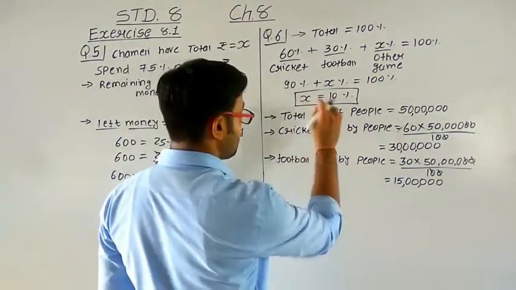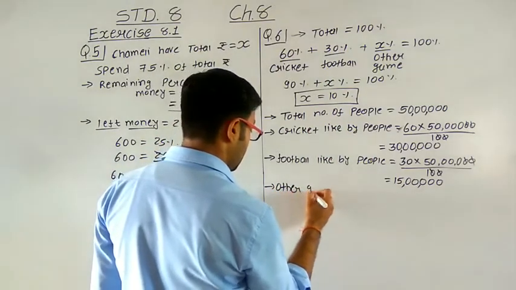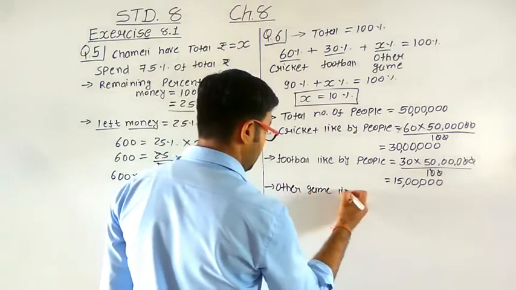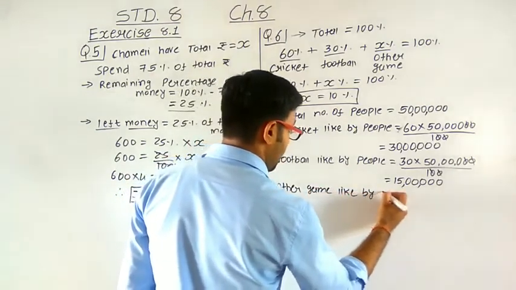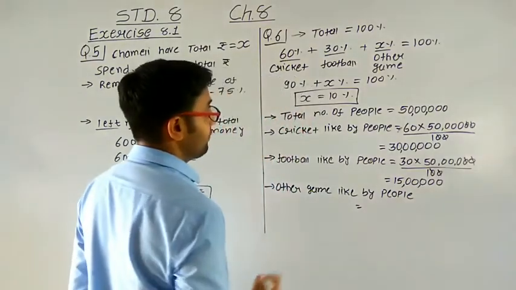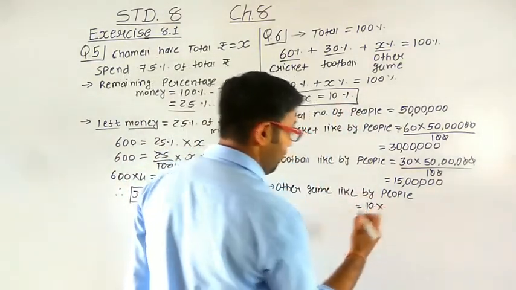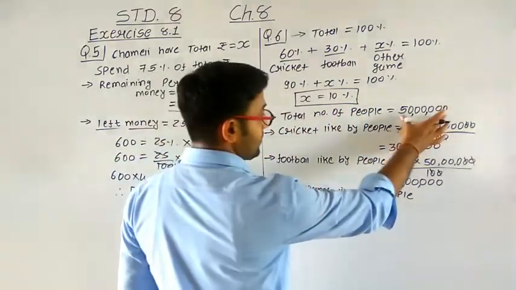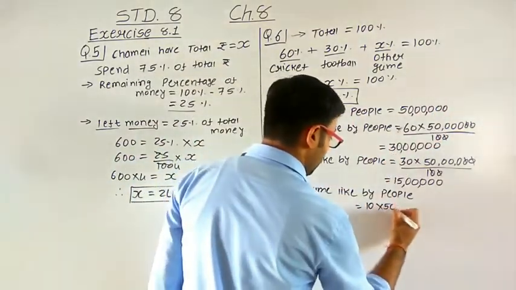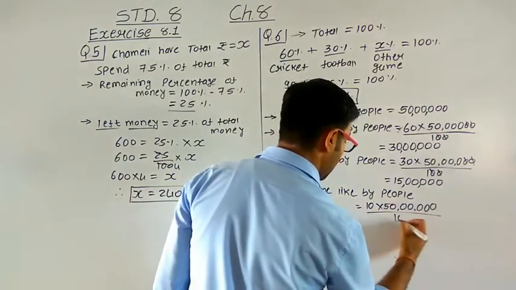Now the other games. Other games liked by people equals, what is the percentage of the other game? That is 10. 10% of what number? 10% of the 50 lakh, that is 10 into 50 lakh upon 100.